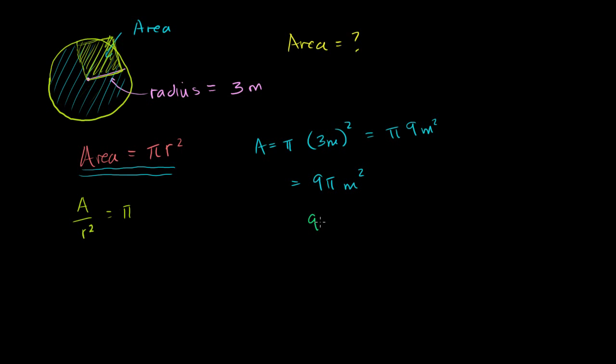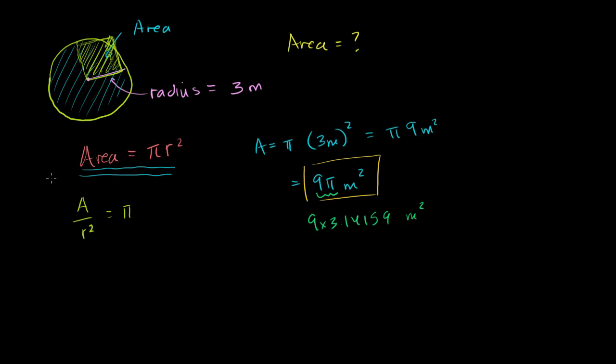But this is the same thing as 9 times 3.14159, which is going to be 28 point something meters squared. Just remember, it's not 9. It's actually closer to 28. But we just leave it like that, and that normally will be good enough for you to say, hey, that is my area, 9 pi.